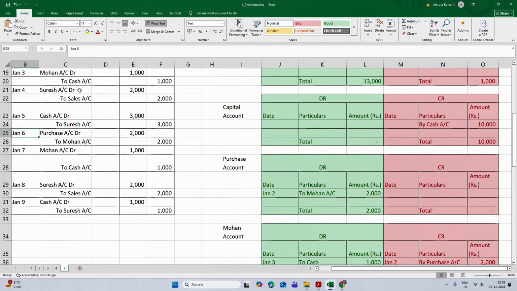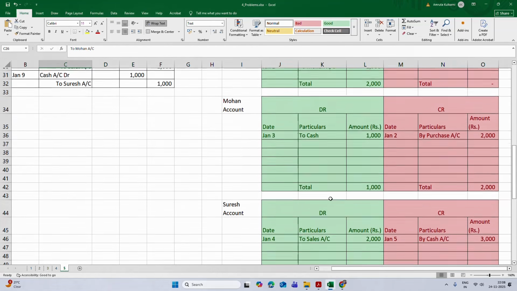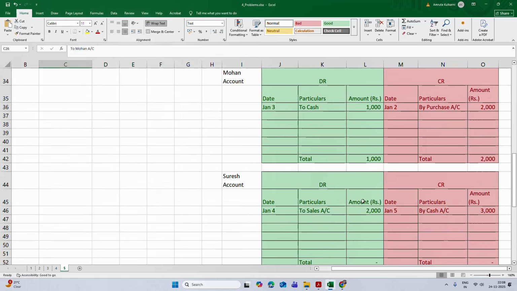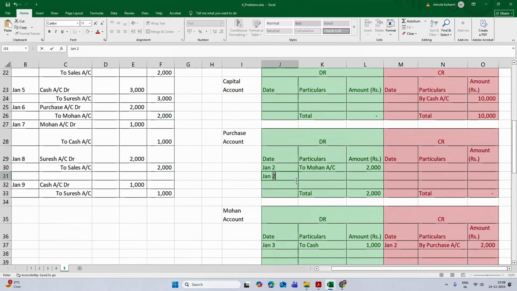Now on Jan 6, purchase account debited to Mohan account credited. So purchase account debited on Jan 6. On Jan 6, purchase account.